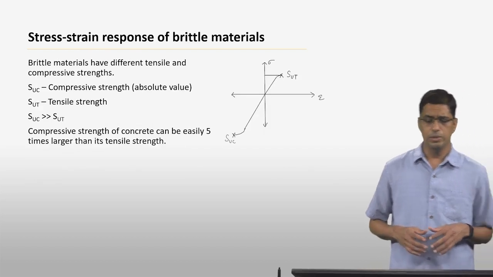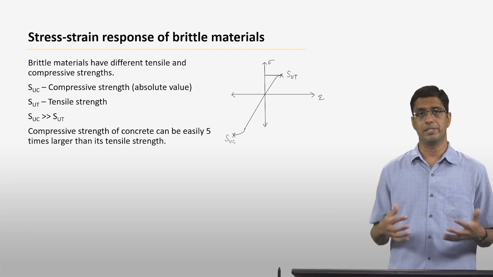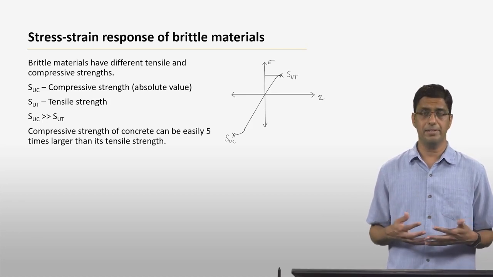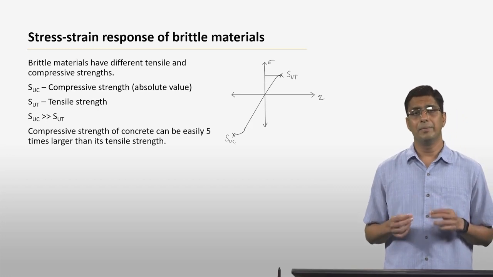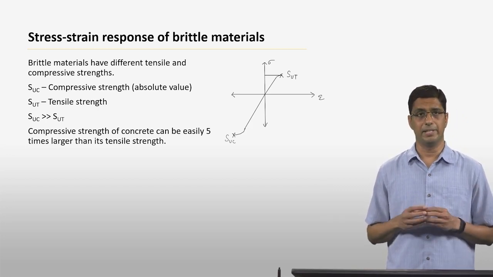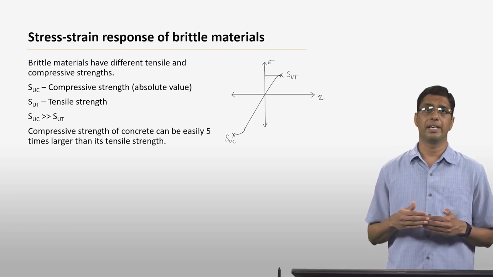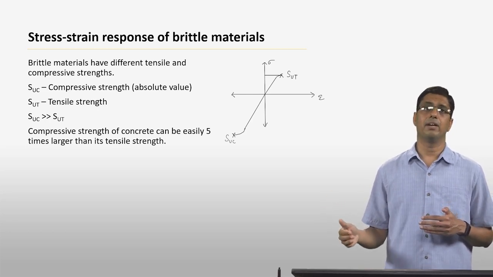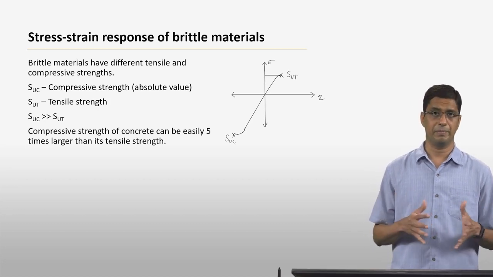Before we go into the actual maximum principal stress theory for brittle materials, the first thing I want you to know is that brittle materials are a little bit different from ductile materials in the sense that their stress strain response during a tension experiment is often very different from the response during a compression experiment.